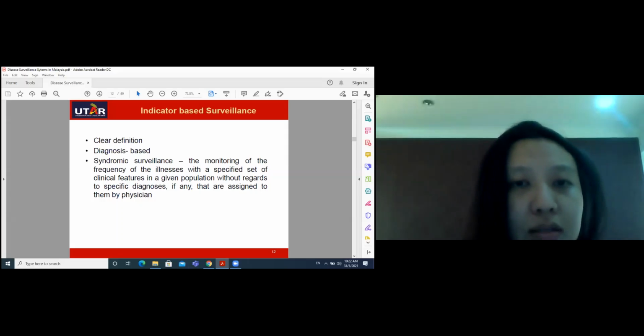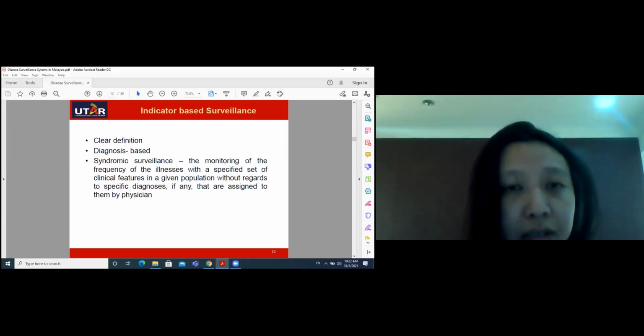The objectives of syndromic surveillance are to facilitate and expedite notification and response, using clinical syndromes to define and capture all the diseases that potentially cause outbreaks, to alert attention as soon as possible, and to complement other existing specific disease notifications.